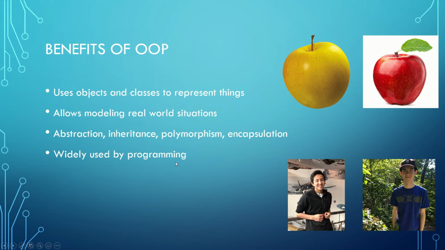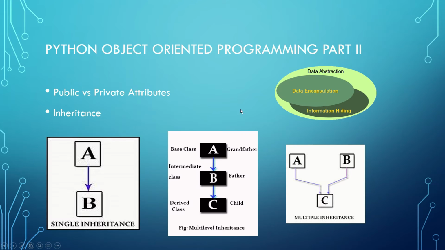Alright, there we go. So we talked about why we did that, and I glossed over some of these terms, so we'll go more into encapsulation, abstraction, and also inheritance today.